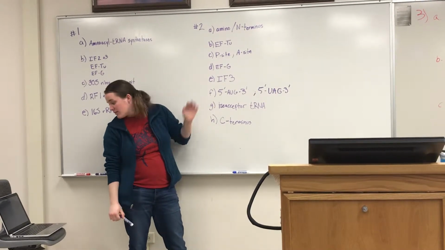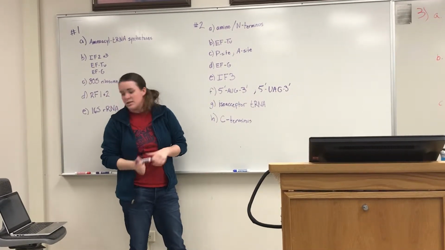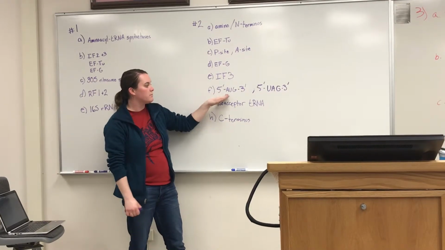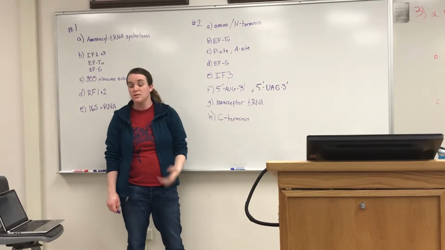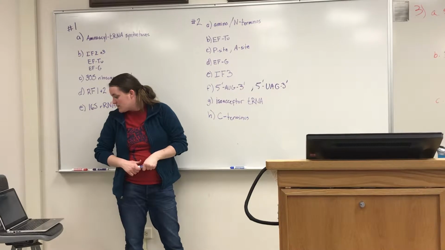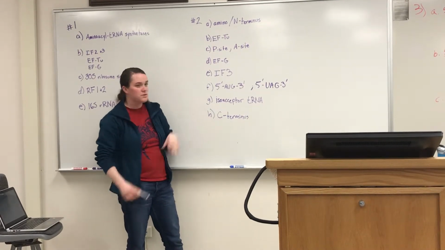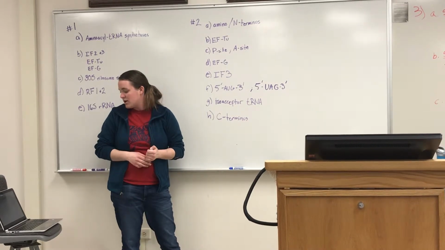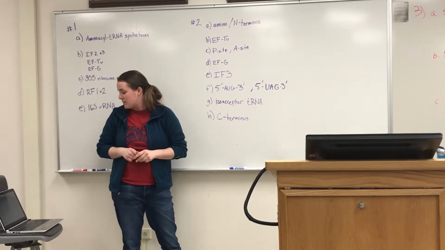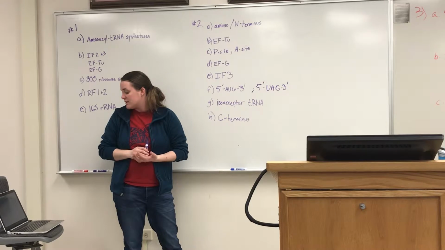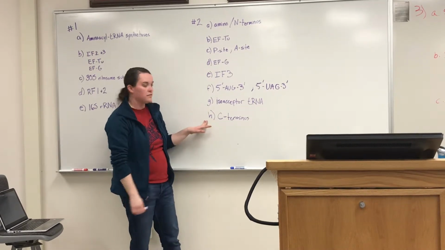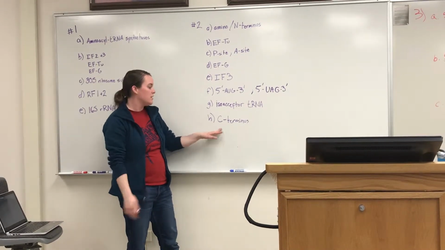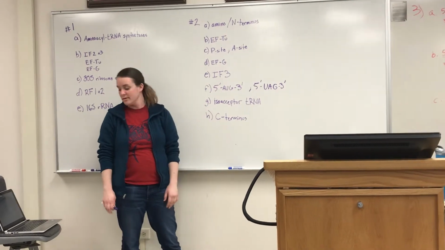F, we have our 5' AUG codon, which is our start codon, and then 5' UAG is our stop codon. G, we have our isoacceptor tRNA, which is the term used that indicates more than 1 codon can specify an amino acid. And then H is our final amino acid that's being coded, our C terminus.